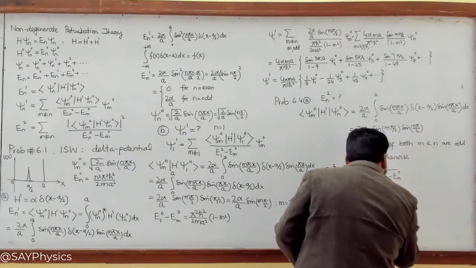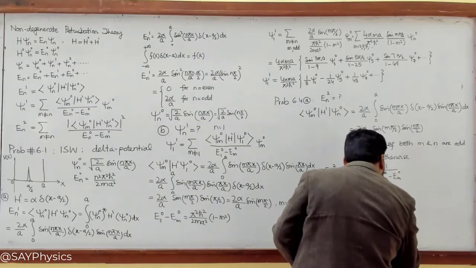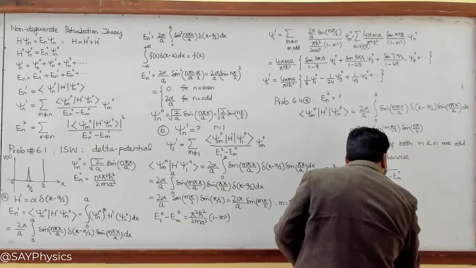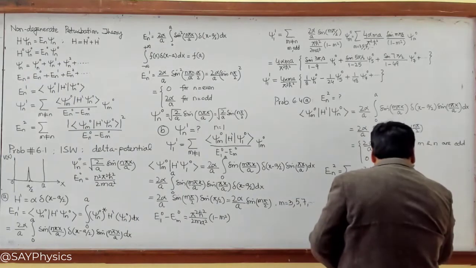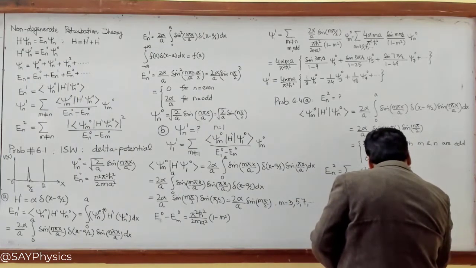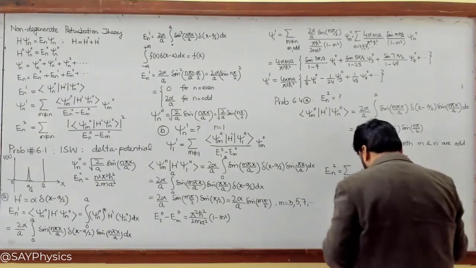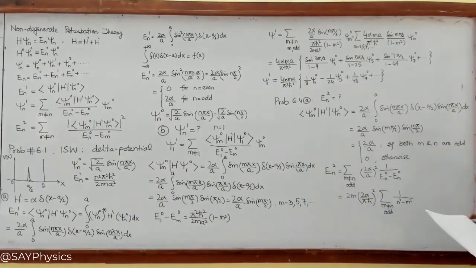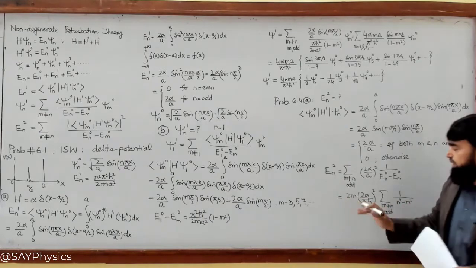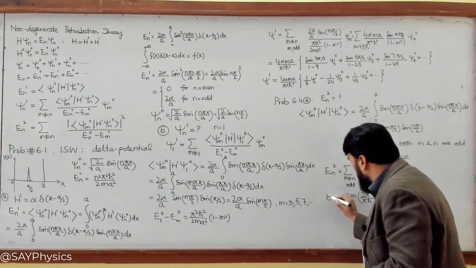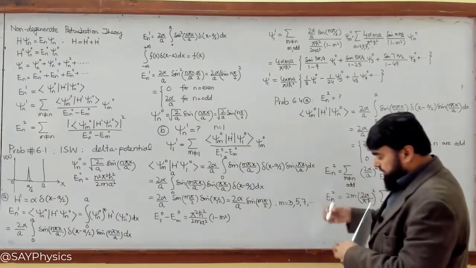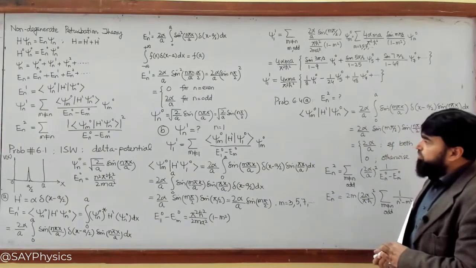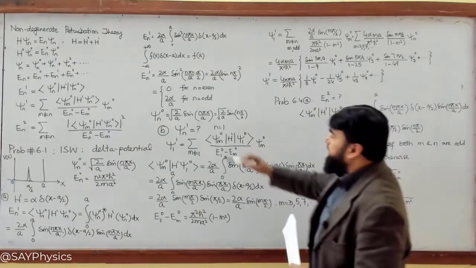Then the summation over m not equal to n, both odd, of 1 over n squared minus m squared. Now n is not equal to m, and both n and m are odd. So this is the second order correction to the energy. The first order correction we have already found.